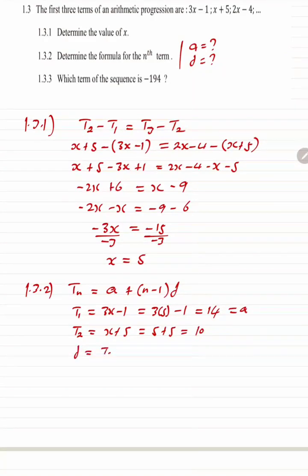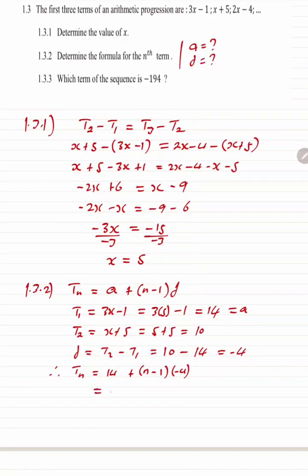Then d therefore is T2 minus T1. Our T2 is 10. Our T1 is 14. And this is minus 4. Therefore, the nth term is going to be 14 plus n minus 1 multiplied by minus 4.